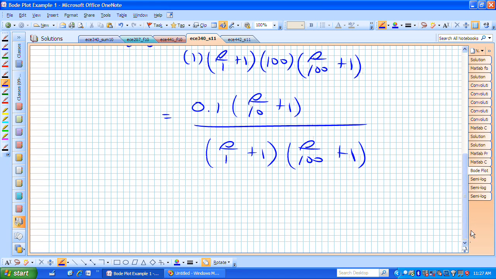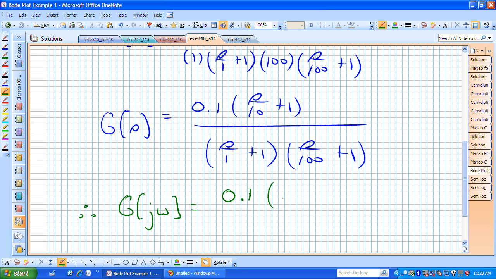To sketch the Bode plot, we're now looking not at G of s, but at G of s evaluated along the imaginary axis. We're looking at the transfer function with the complex variable s replaced with j omega, restricting our attention to evaluating that transfer function right along the imaginary axis.